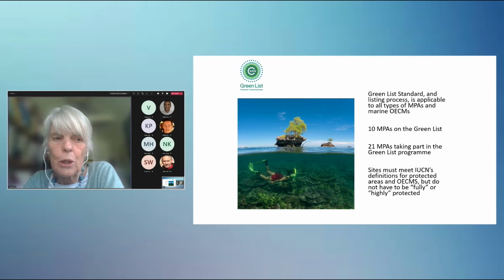They don't have to be fully or highly protected. As many of you know, there's quite a movement at the moment that MPAs don't really work unless they're fully protected and close to extraction. But of course, we're focusing on the IUCN approach under the Green List.